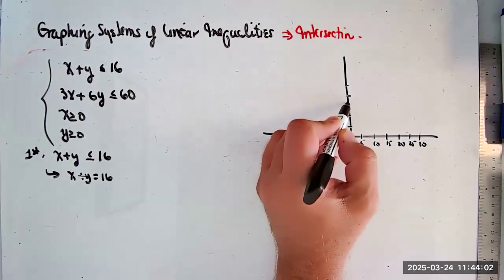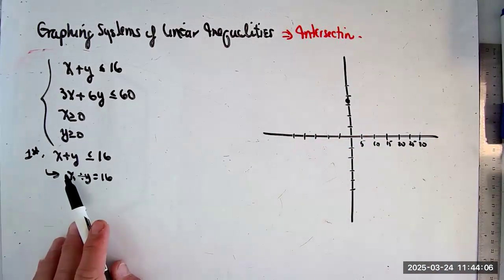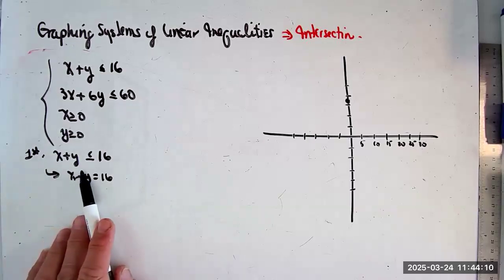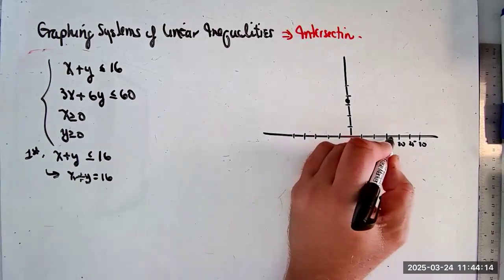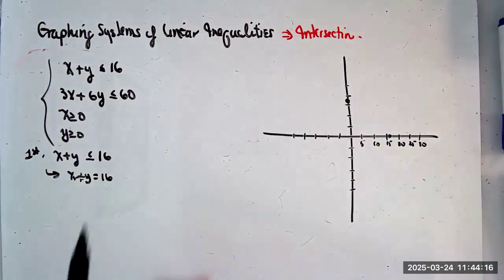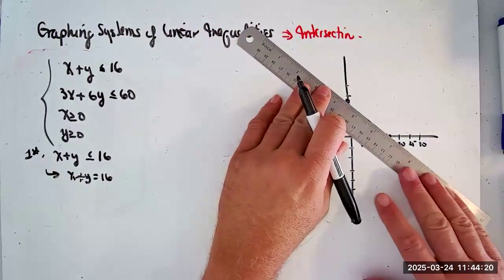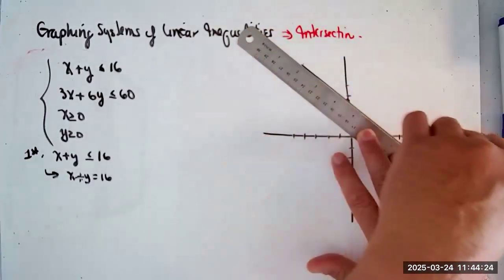And when y equals 0, x is also 16, so that would be here. This will be my first boundary line.